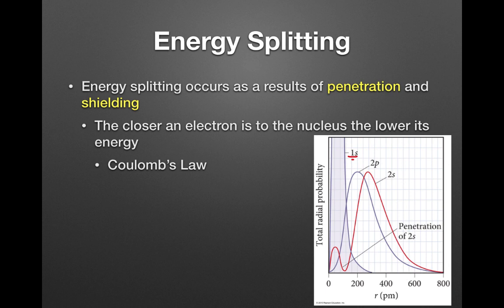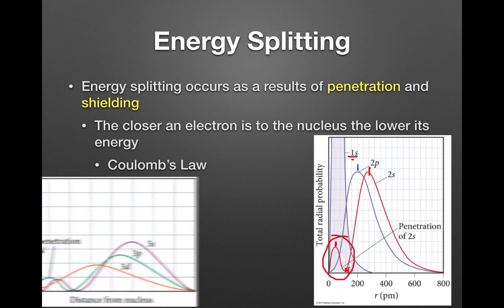Even though the maximum radial probability for the 2s is farther away than the 2p here, we also see that the 2s has that small maximum very close to the nucleus before it has the node down here. This penetration into the 1s region by the 2s gives that 2s orbital some electron density close to the nucleus, which lowers its energy. So as a result, the 2s orbital has a lower energy than the 2p.